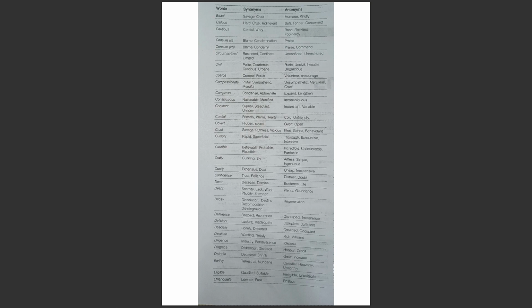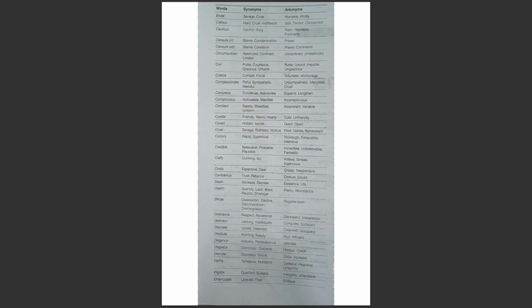The next word is cursory. Cursory means something that is very quick, done in a haste, H-A-S-T-E, or in a hasty way, H-A-S-T-Y, and therefore it is not very detailed or thorough. So when you're doing something in a cursory way, then you are very rapid, superficial.